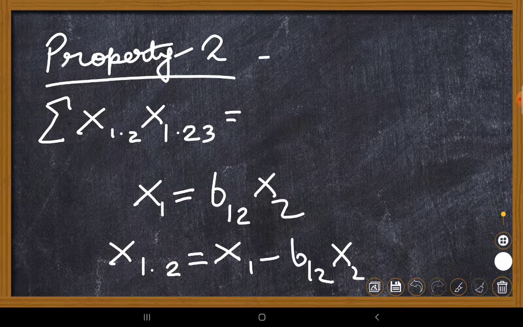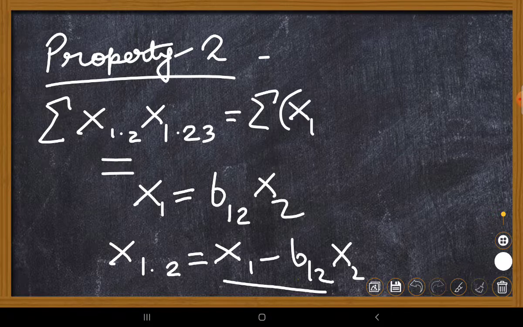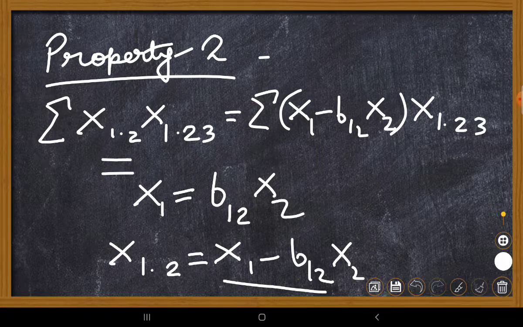So you simply replace this here. What will you have? You will have summation of x1 minus b12 x2 into x1.23. Now you distribute this inside the bracket. What will you have?